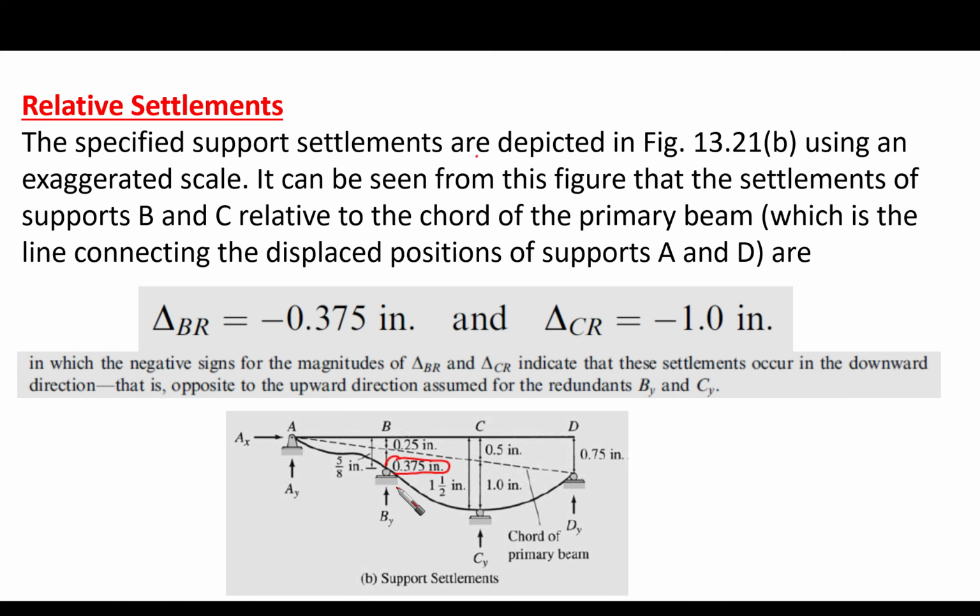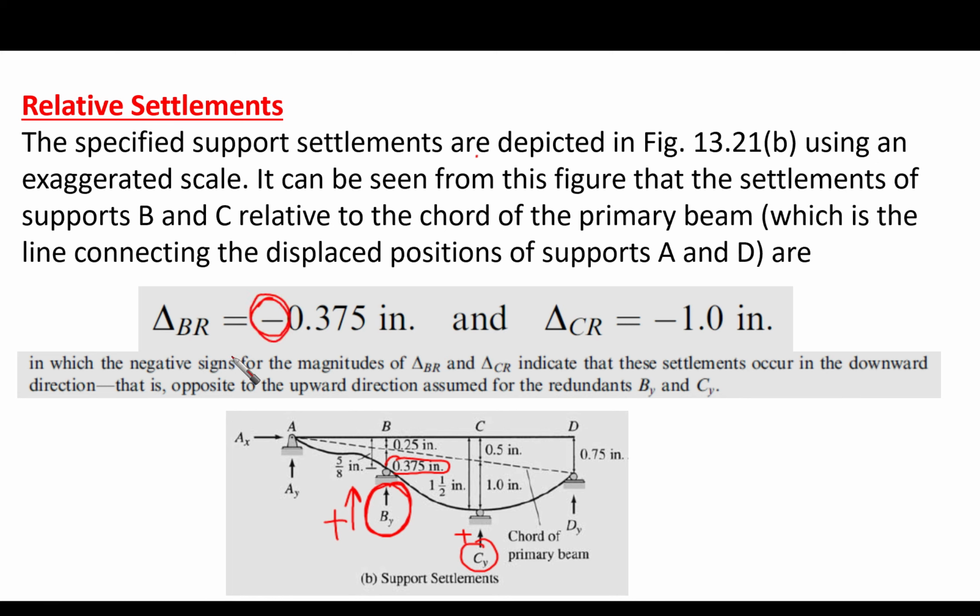Take care, what is the reaction or the redundant direction? It is up, going like this. So this is the positive side for us. And for C, yes, it is up. So this is the positive side. But when we calculated the relative displacement, we found it is 0.375 down, going down. This means that we need to use a minus sign here.